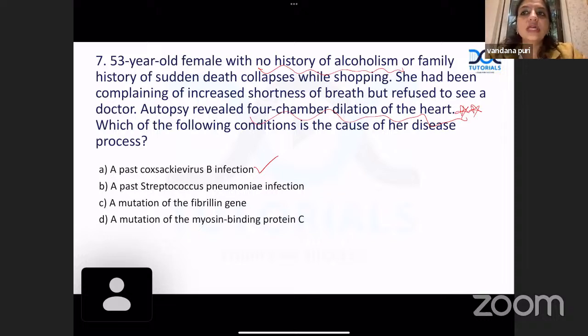Looking at the other options, myosin binding protein C is HOCM, where the patient usually has asymmetrical septal hypertrophy. Fibrillin gene is Marfan syndrome, which doesn't present like this, and Streptococcus pneumoniae doesn't fit here.